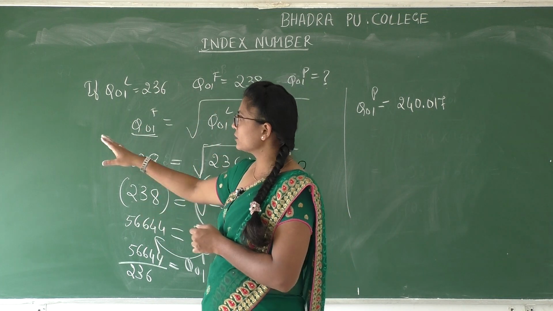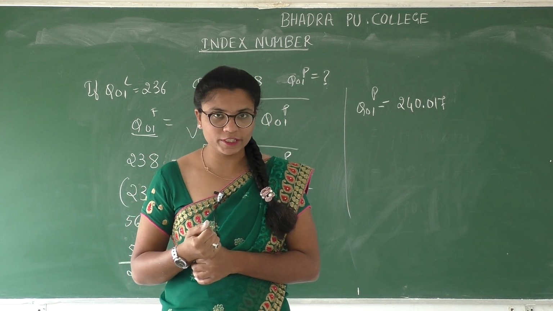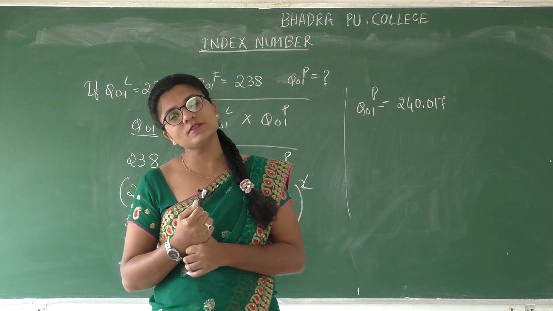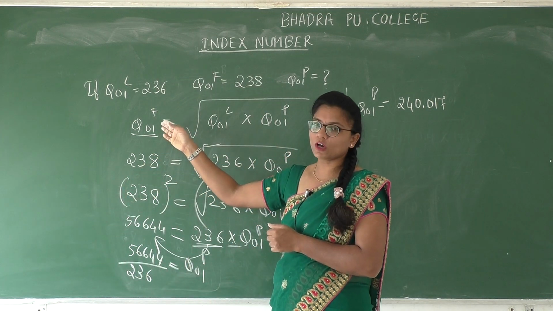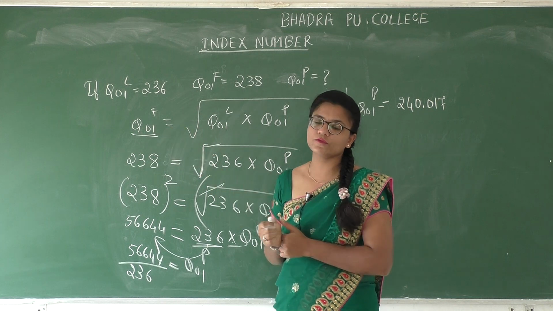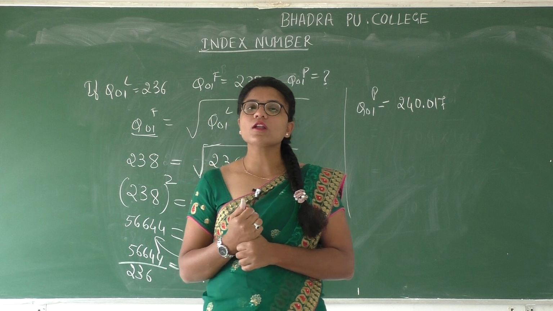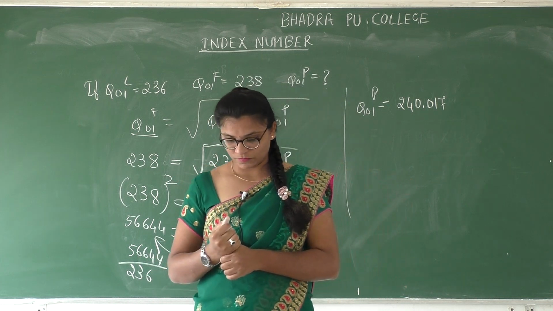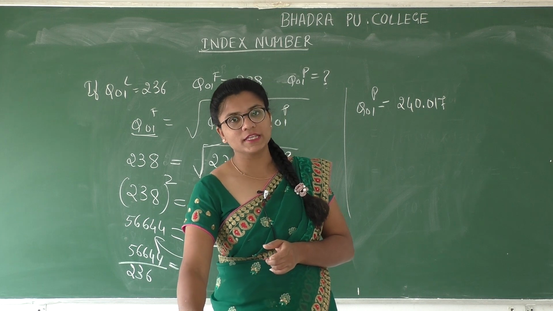If you have questions like Q01L, Q01P, you can find Laspeyres, Paasche's, Drobisch-Bowley's or Fisher's quantity index number. Or they will give the Drobisch-Bowley value and Fisher's value, and we need to find one missing value. So these are 2 marks problems. Next, we move to value index number.